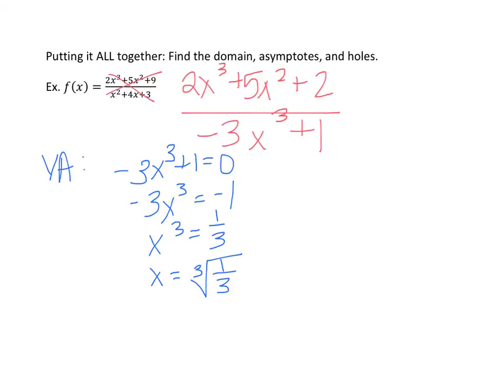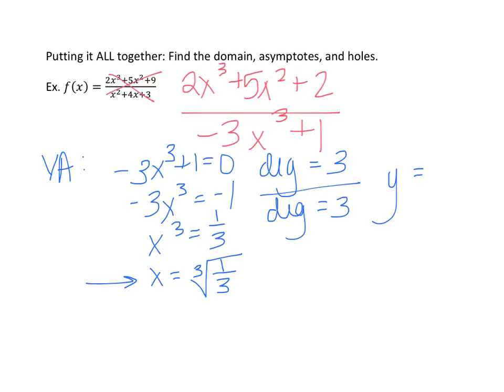So I've got a vertical asymptote here. My horizontal asymptote, take my degree on top equals 3. Degree on bottom equals 3. I want to look at my leading coefficients, 2 over negative 3. There's my horizontal asymptote.